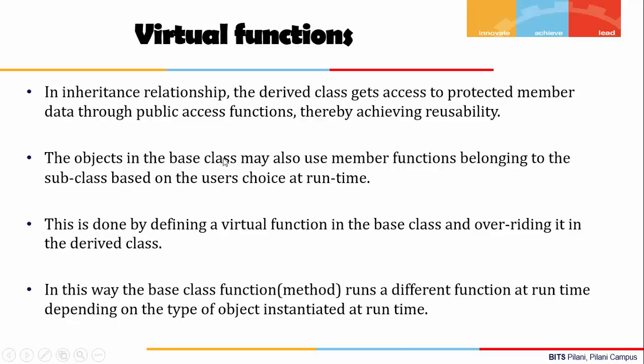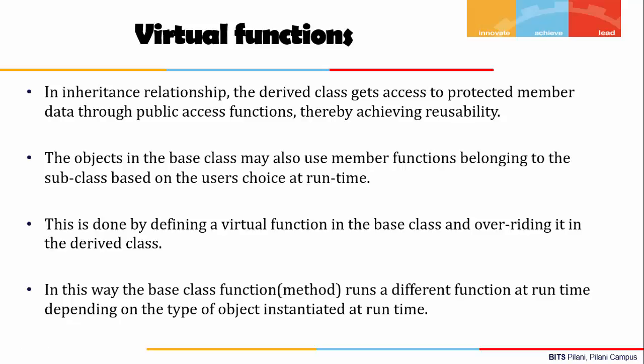But the objects in the base class may also use member functions belonging to the child class at runtime, based on the user's choice. This is done by a virtual function and overriding it in the derived class.